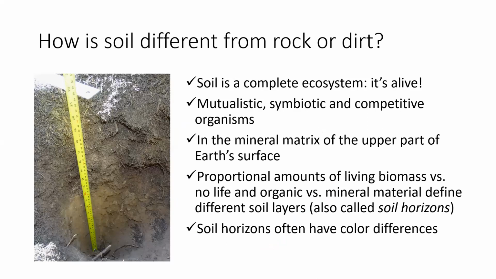And that leads us then also to distinguish how soil is different from rock or dirt. Soil is a complete ecosystem. It's alive. And with the organisms that are in the soil, the organisms are mutualistic, symbiotic, or competitive. So they help each other, they live together, or they compete with each other.